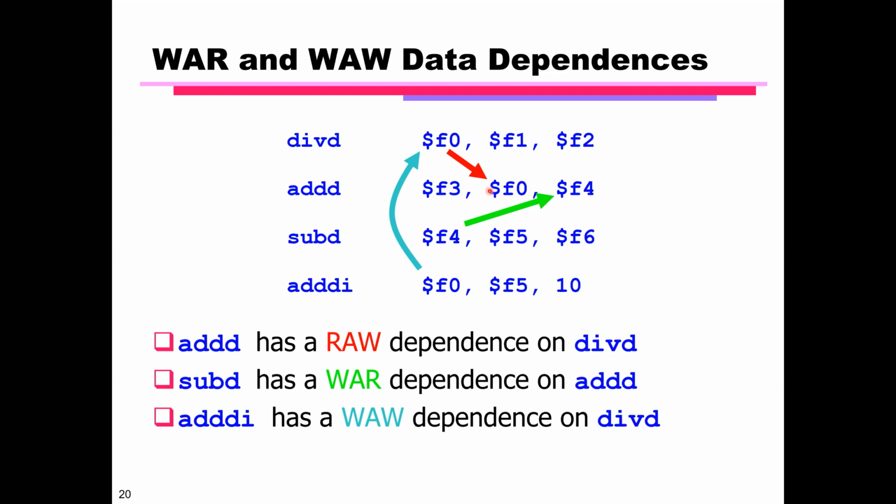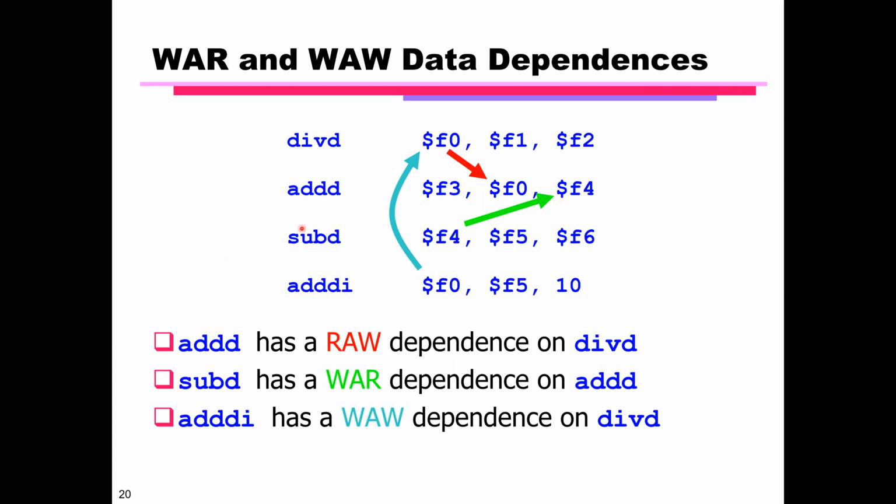There are two other types of dependencies that are equally dependencies in the sense that they equally prevent me from reordering instructions, which are dependencies like this. I write a value in F4 just after reading a value in F4. So let's first convince ourselves that this is a constraint on my reordering.